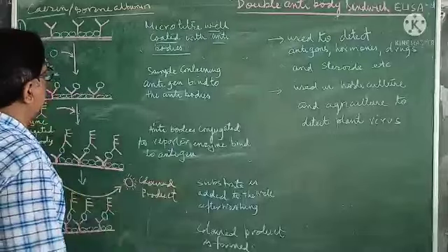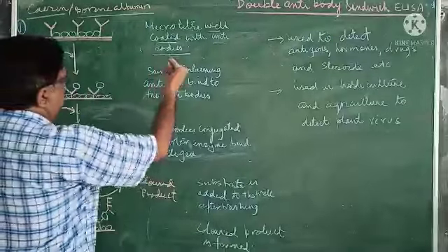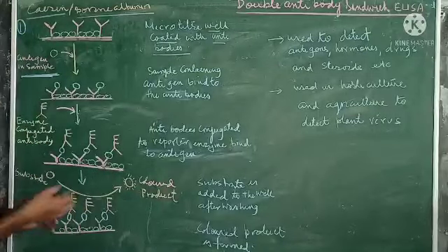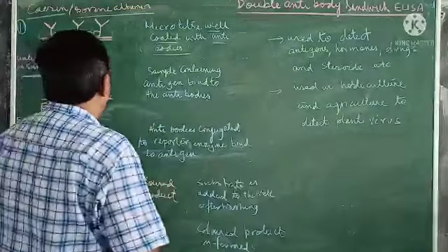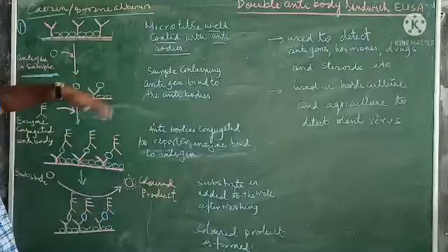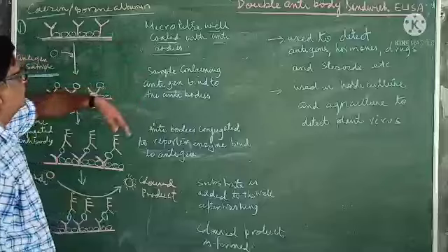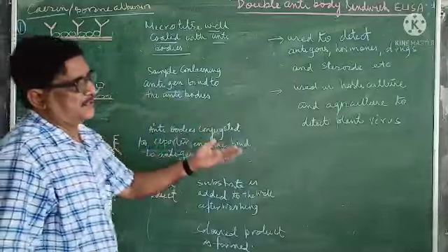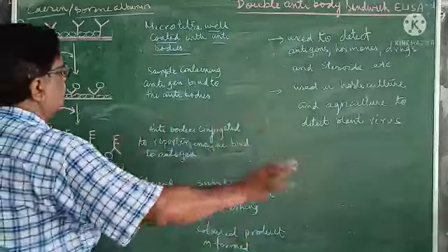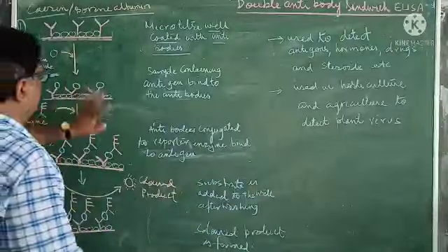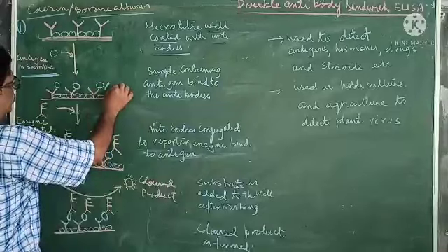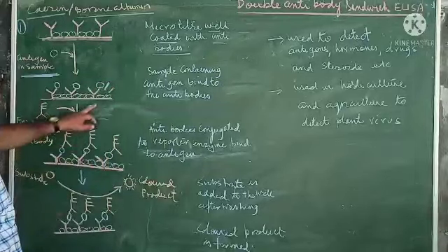After that, the plate is taken out from the incubator and washed. Washing is done to remove any unbound antigens or any other things present in the sample. What remains is only the antigen and the antibodies bound to the surface.